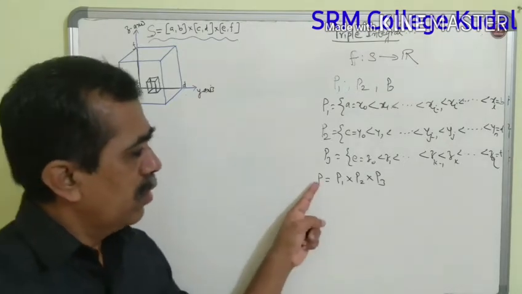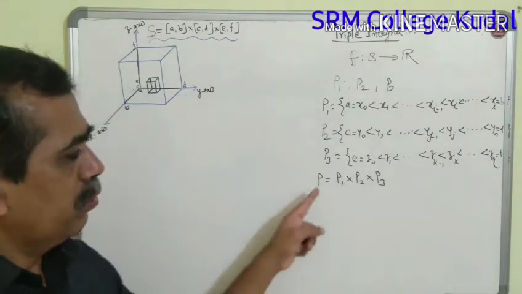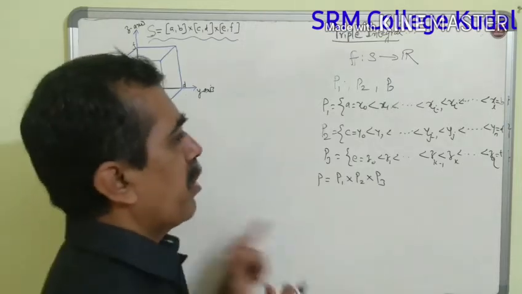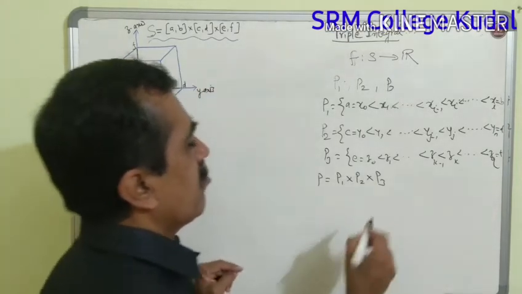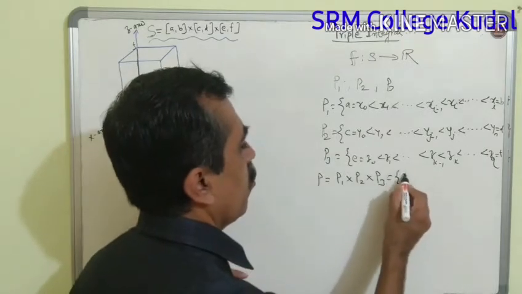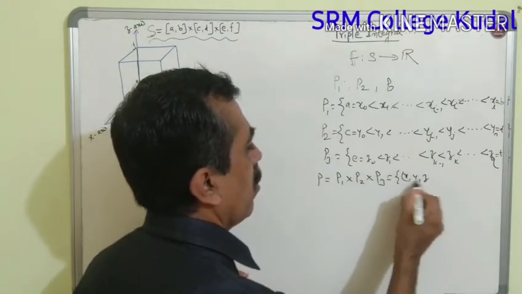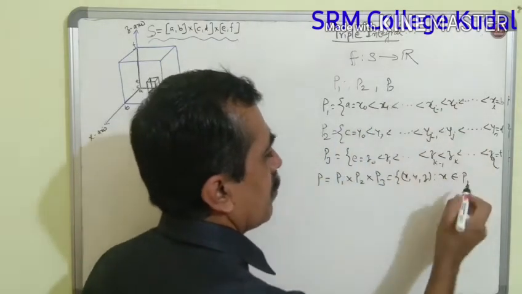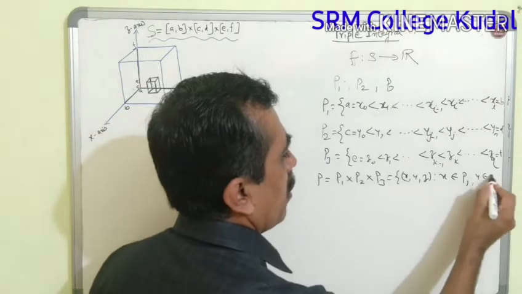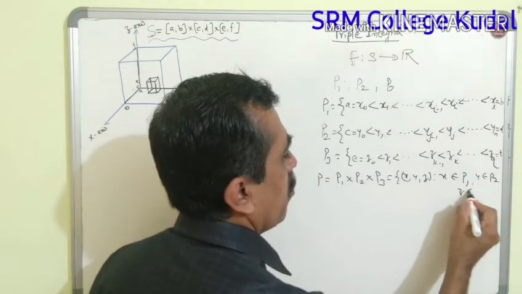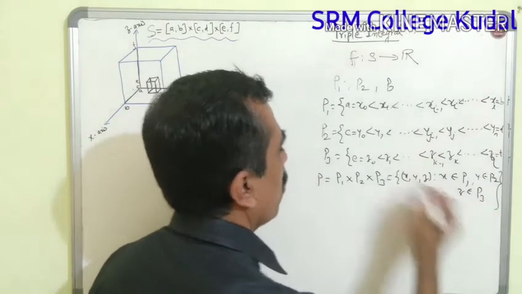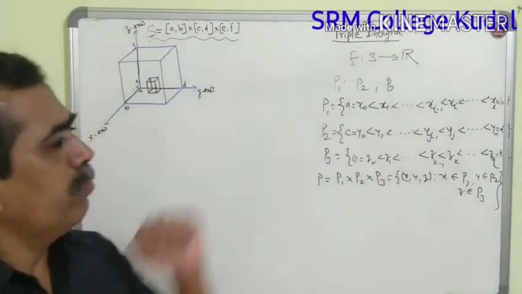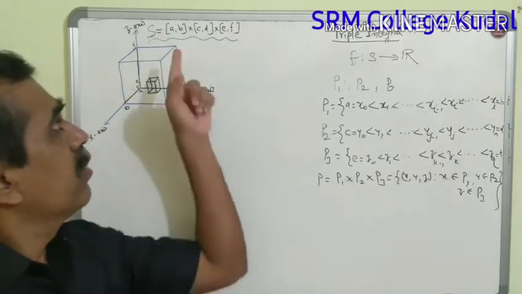So this Cartesian product P1 cross P2 cross P3 will be the partition of the cuboid S, where P is the set of all (x, y, z) such that x belongs to P1, y belongs to P2, and z belongs to P3. This is how P is a partition of the cuboid S.